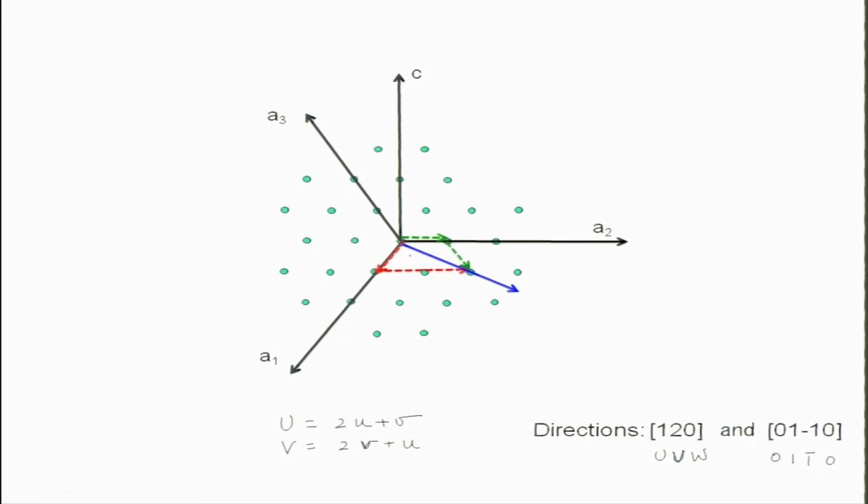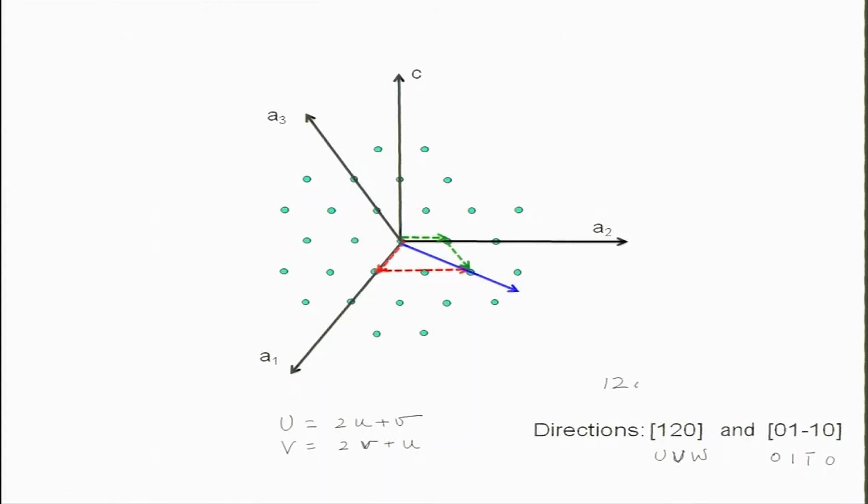Right. So, whether you follow a 2 axis system or a 3 axis system, you end up with the same direction. If you end up with a different direction, that means something is wrong. Is that clear to you? I have converted it. So, 1 2 0 is equivalent to 0 1 bar 1 0.